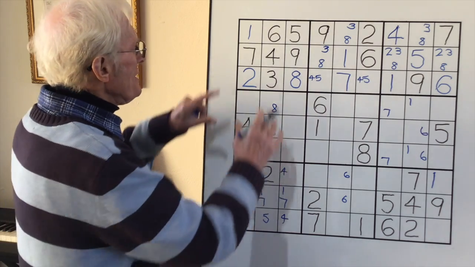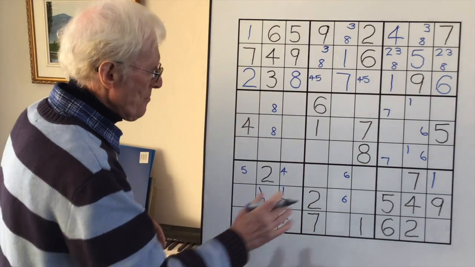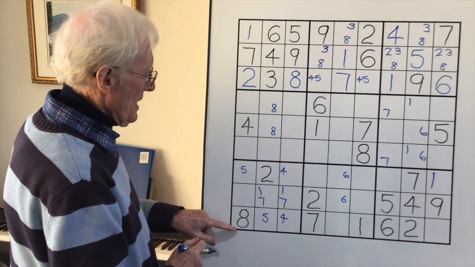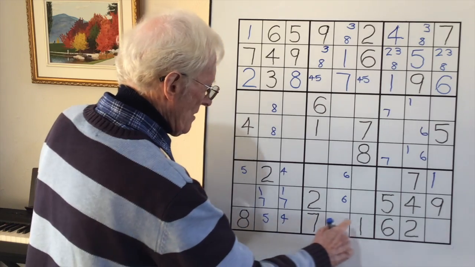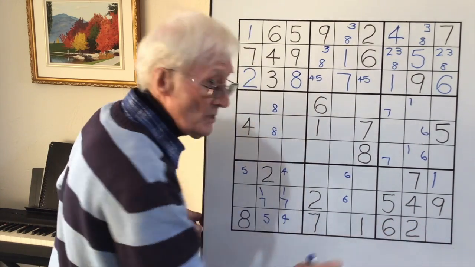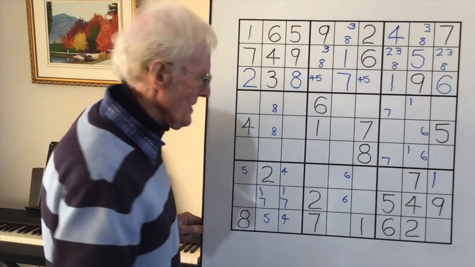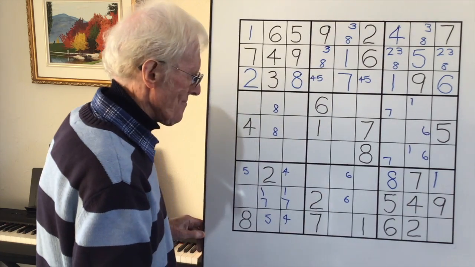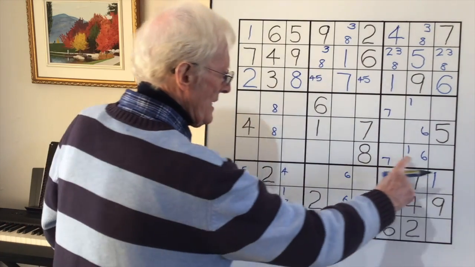Now, remember when we did this block here, this block is almost the same. Have a look at this 8. This 8 cannot be in this block there because it's in the same row, and the only place it can go is here. So let's put it in. That means now we have 1 left, a 3.